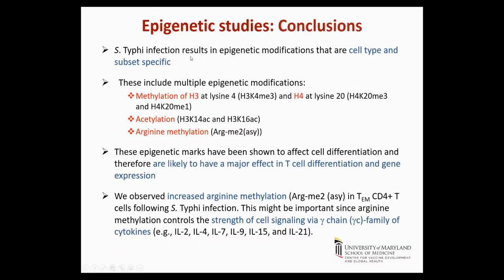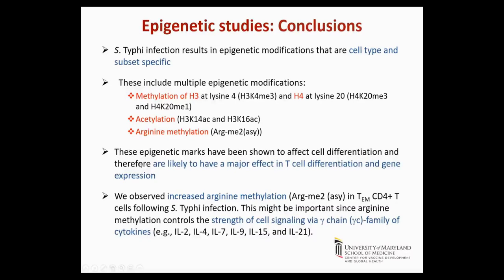So, in conclusion, Salmonella Typhi infection does indeed result in epigenetic modifications that are cell type and subset specific. These include multiple epigenetic modifications, including the methylation of histone 3 and lysine 4, histone 4 and lysine 20, acetylation in some cases, and arginine methylation as well.